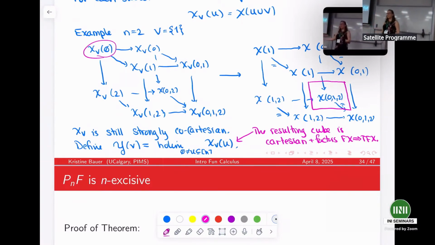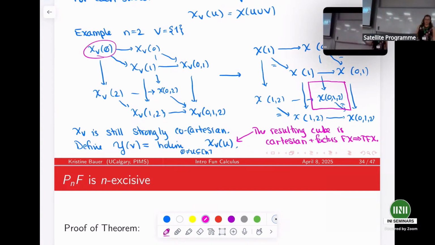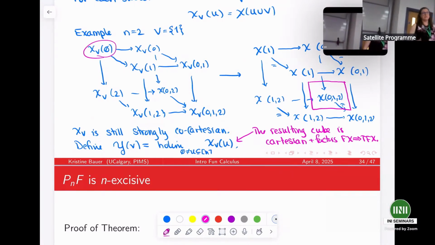So that's the factorization. And why is that thing on our favorite cube Cartesian? Because that vertex t that we just replaced it with is defined to make that middle cube Cartesian. So in the special case of our favorite cube, it works really nicely and easily. And then that turns out to be true no matter which co-Cartesian cube I started with, because of the fact that t is defined that way.